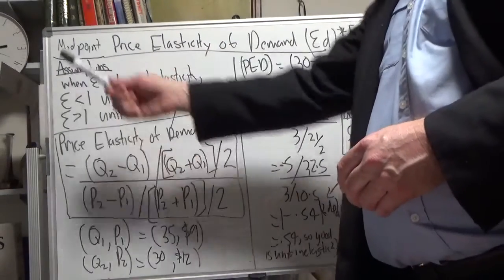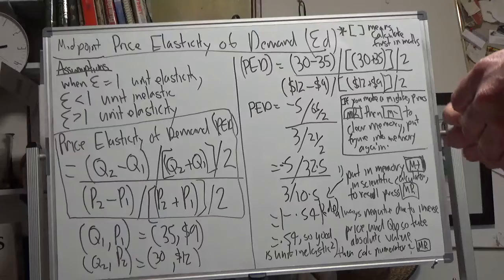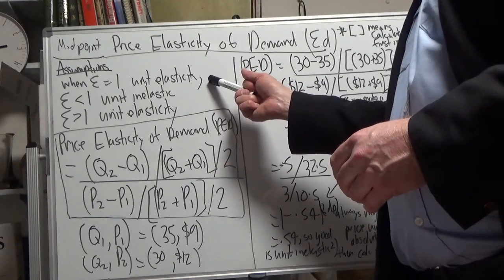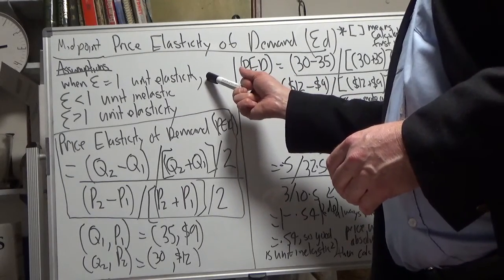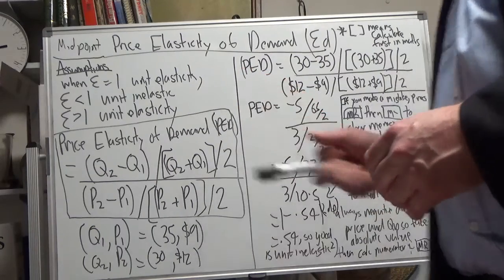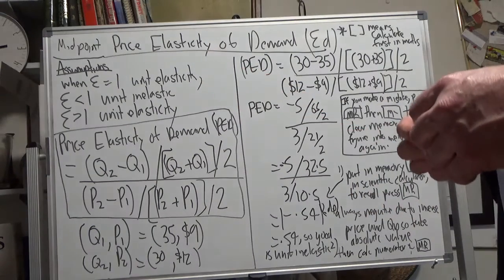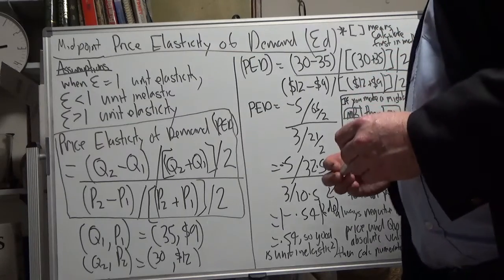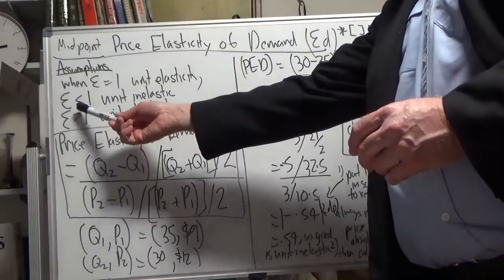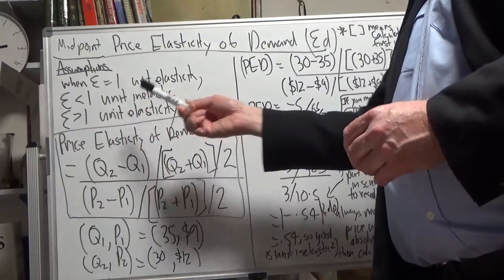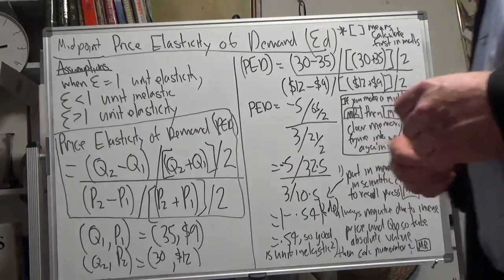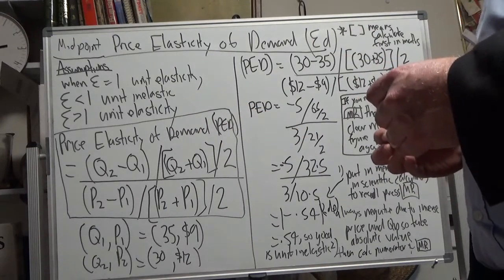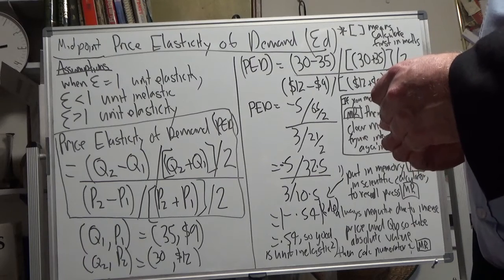The midpoint formula. And our assumptions are when price elasticity of demand equals 1, it's unit elasticity. So when price changes, quantity demanded changes in equal proportion. When PED is less than 1, it's inelastic. So when price changes, there's a less than proportional change in quantity demanded.